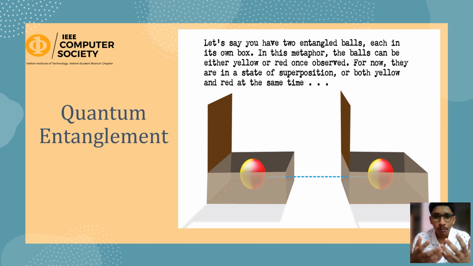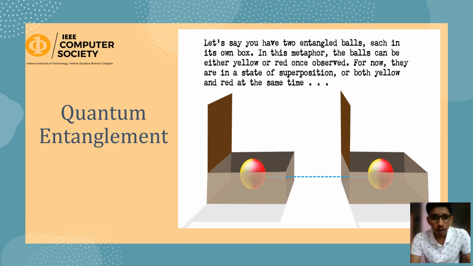For now, let's suppose any particle which is in a superposition, which means we don't know its actual spin, and the duration from not knowing the spin to determining the spin is called collapsing of the wave. So collapsing of the wave simply means determining the spin.